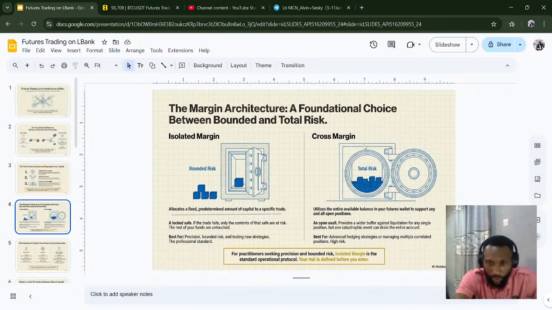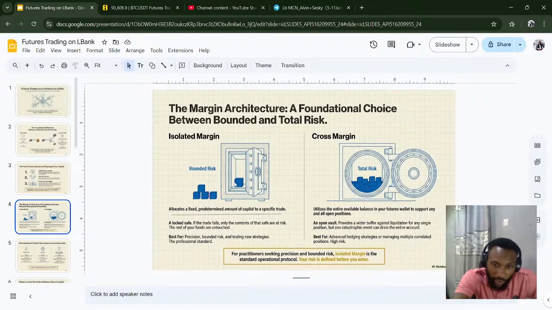So now let's go to cross margin. You can see from this diagram, we have a few blocks of maybe your assets. This is what's in your futures wallet. Now we took one block and put it in this locked safe, so it is now locked for that trade.